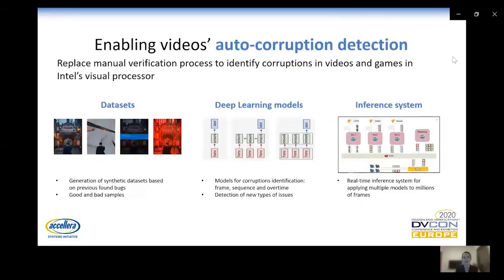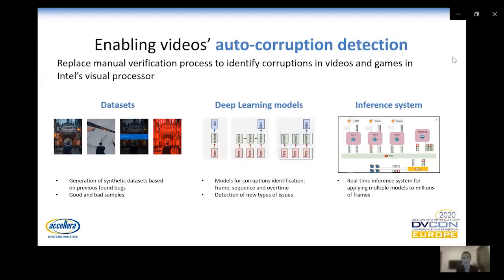The next example is an example of how we are testing a component of our CPU, actually the visual processor of Intel. The idea here was to replace the manual verification process that aims to identify corruptions when streaming videos in games.